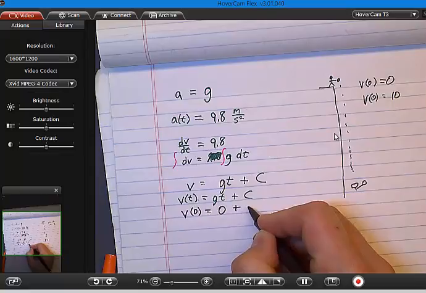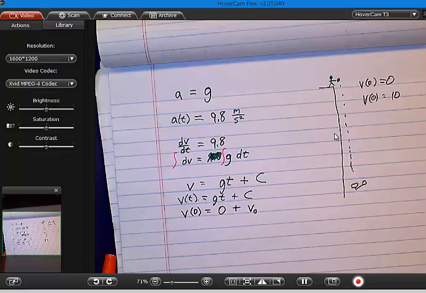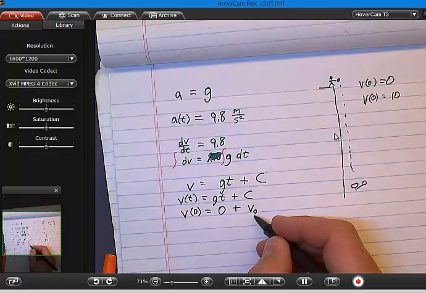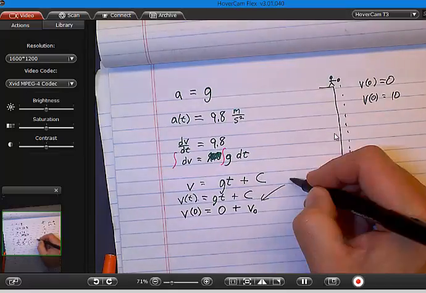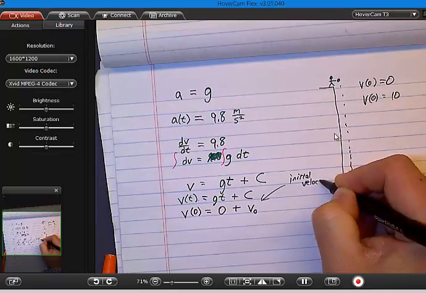And what we will write in the physics books is this. Have you ever seen that symbol? V naught. Naught is the German for 0. It just means the initial velocity. So that's what that constant is.